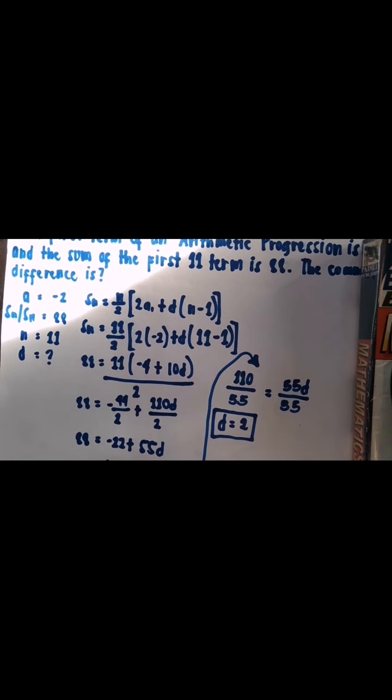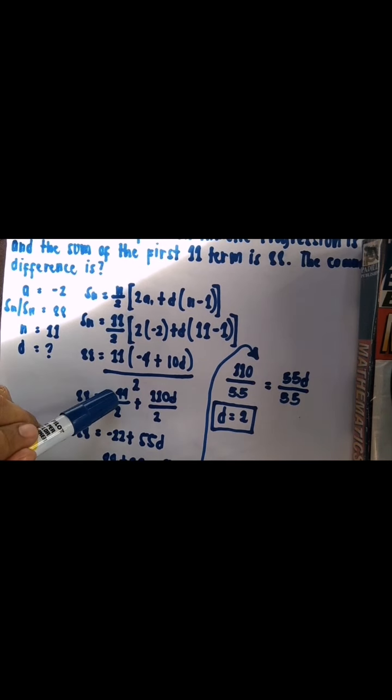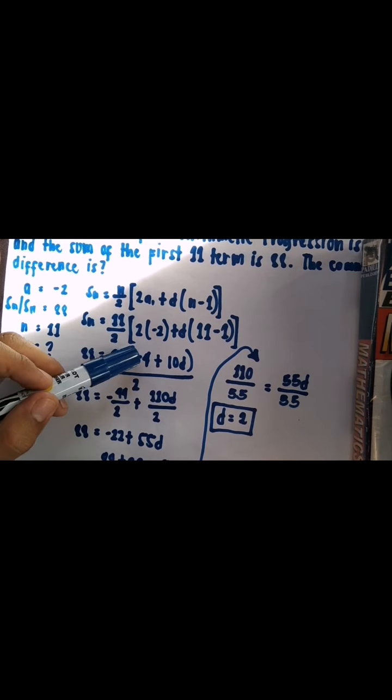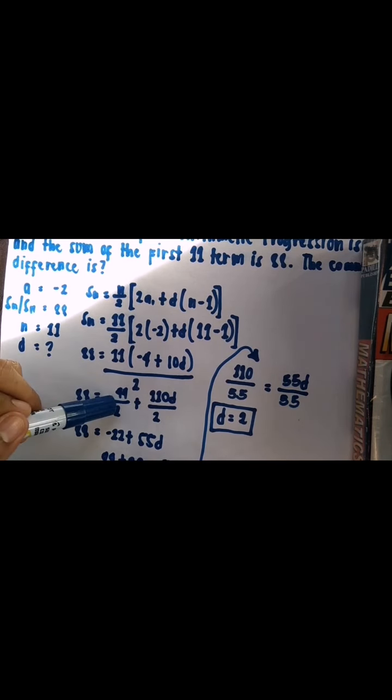Then now, 88 plus... equals negative 44, because 11 times negative 4 becomes 44.